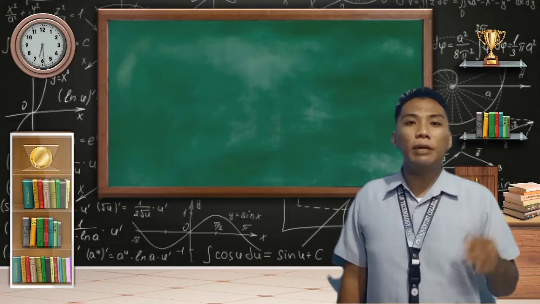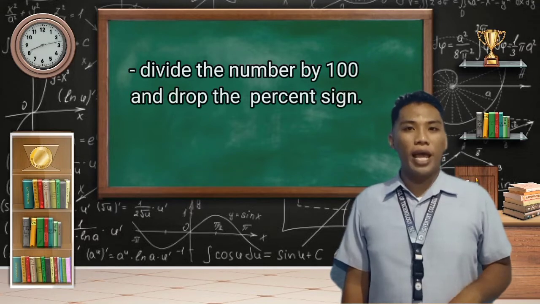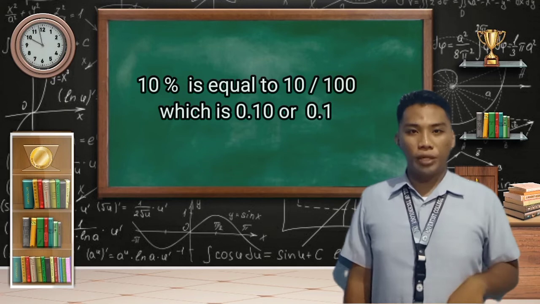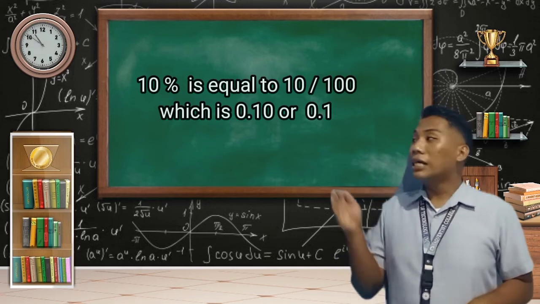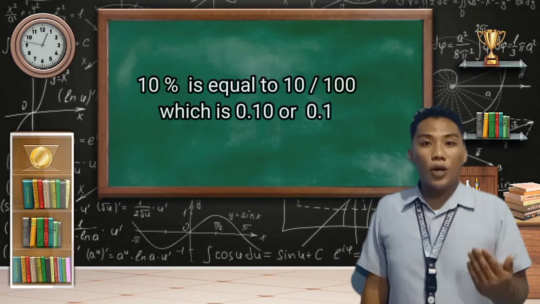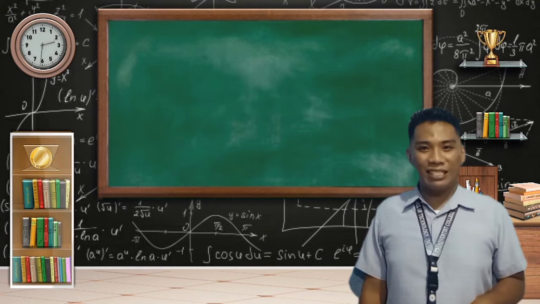And now, class, let us proceed to converting percent to decimal. To convert a percent to decimal, divide the number by 100 and drop the percent sign. For instance, 10% is equal to 10 over 100, which is 0.10 or 0.1 in decimal.